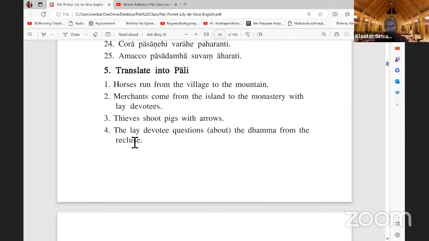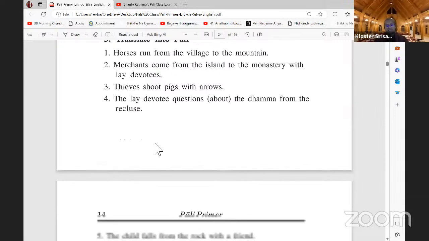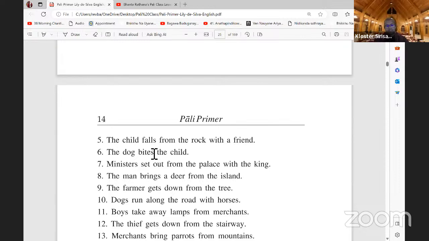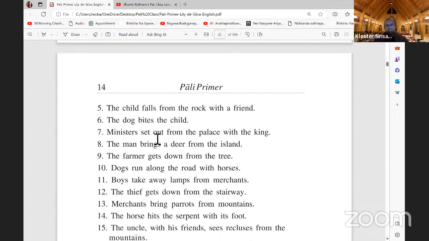Very good. Okay. Number 5. The child falls from the rock with a friend. Darako mittena sating pasanamha patati.